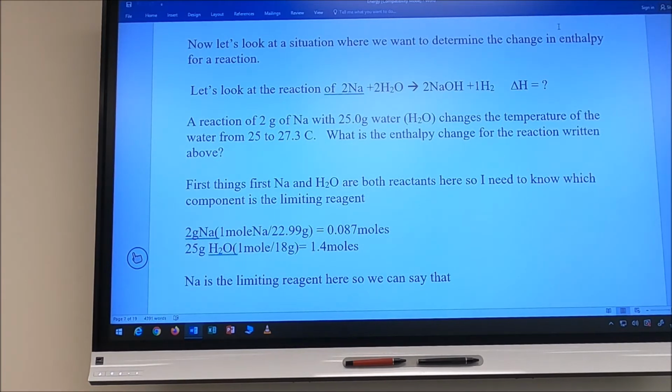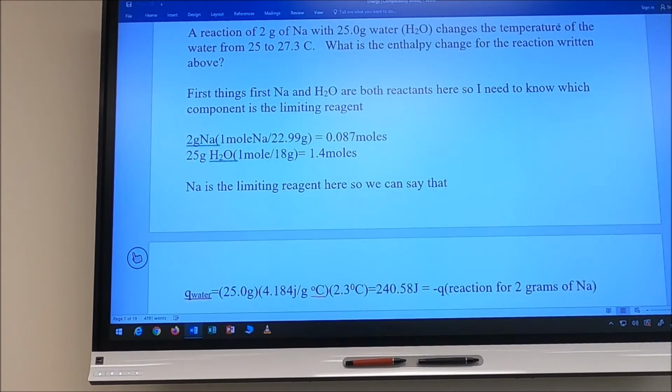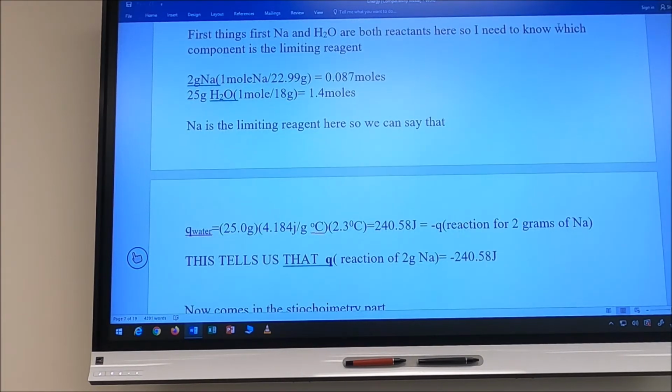So first things first, sodium and water are both reactants here, so I need to know which is the limiting reagent. With 2 grams of sodium, we've got 0.087 moles of sodium. 25 grams of water, I got 1.4. Since they react in a 2-to-2 ratio, it's very obvious that sodium is our limiting reagent.